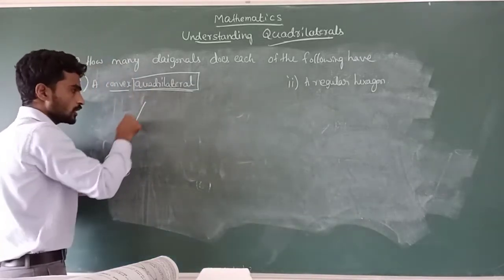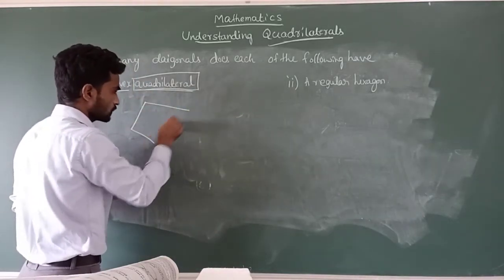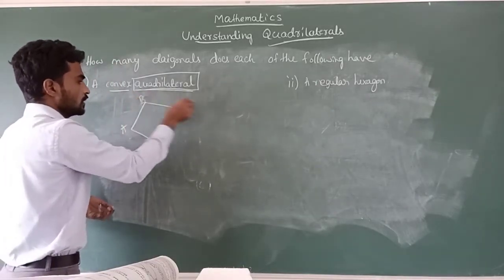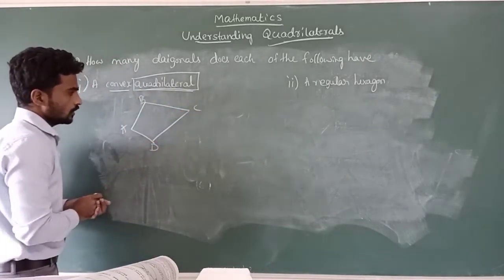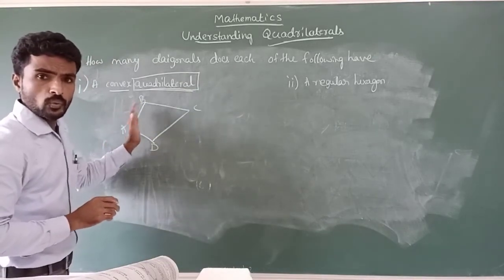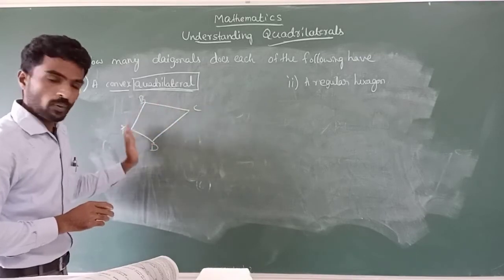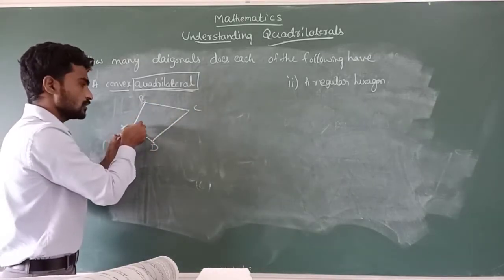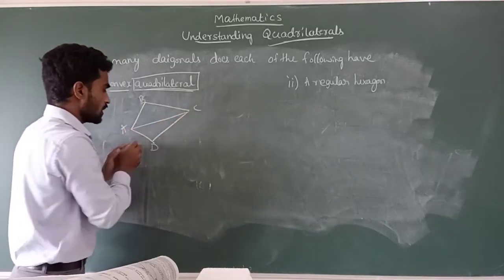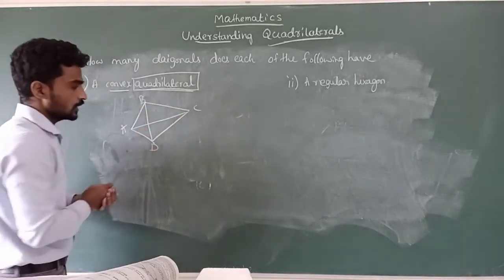I will draw a general quadrilateral. Just observe A, B, C, D. Diagonals means we can join two non-consecutive points. Here A and B are consecutive points, therefore it is not a diagonal. Then we can join A and C and B and D.